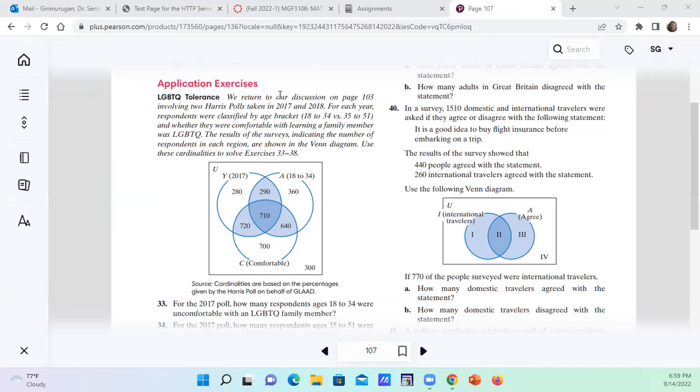If it is not comfortable, then the opposite, if it is comfortable learning a family member is LGBTQ, then the other would be not comfortable. So we actually know the complements of the arguments clearly in this problem.